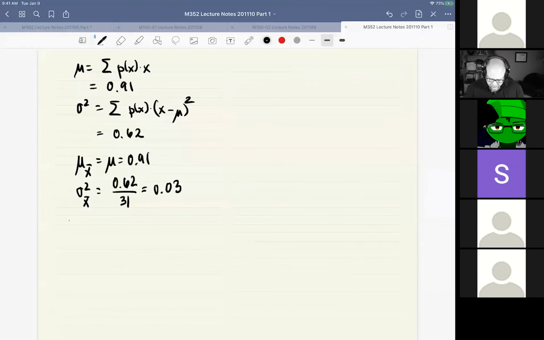So the sample mean is distributed like a normal random variable with mean 0.91 and variance 0.03. This is using the book's notation.